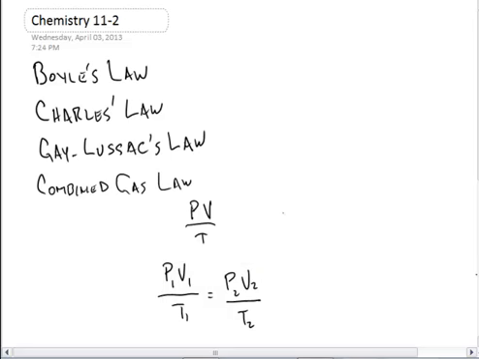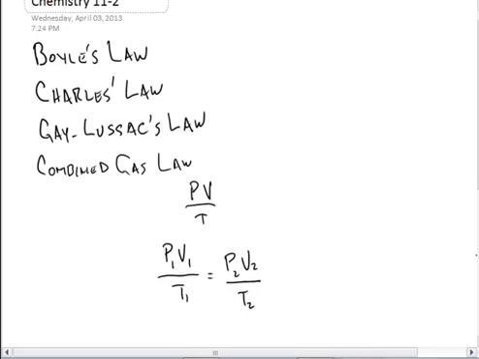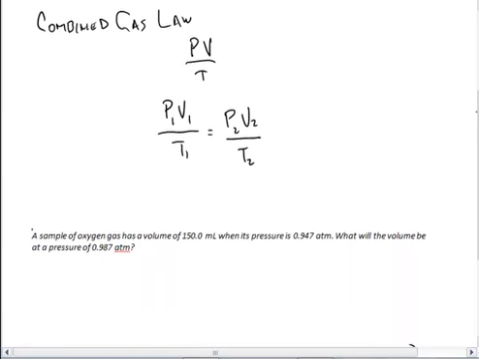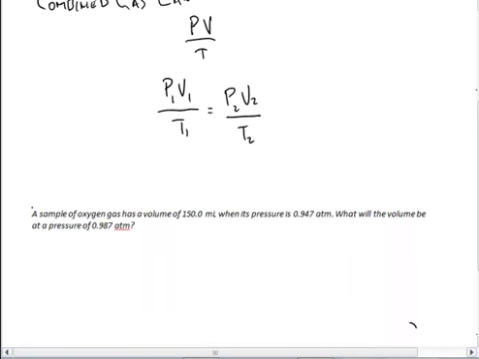The subscript 2's represent a final set of conditions. So you have on the left-hand side your initial pressure, initial volume, and initial temperature. And on the right-hand side, your final pressure, final volume, and final temperature. Okay, so this is the combined gas law, and that's the one that we will use to solve the problems.